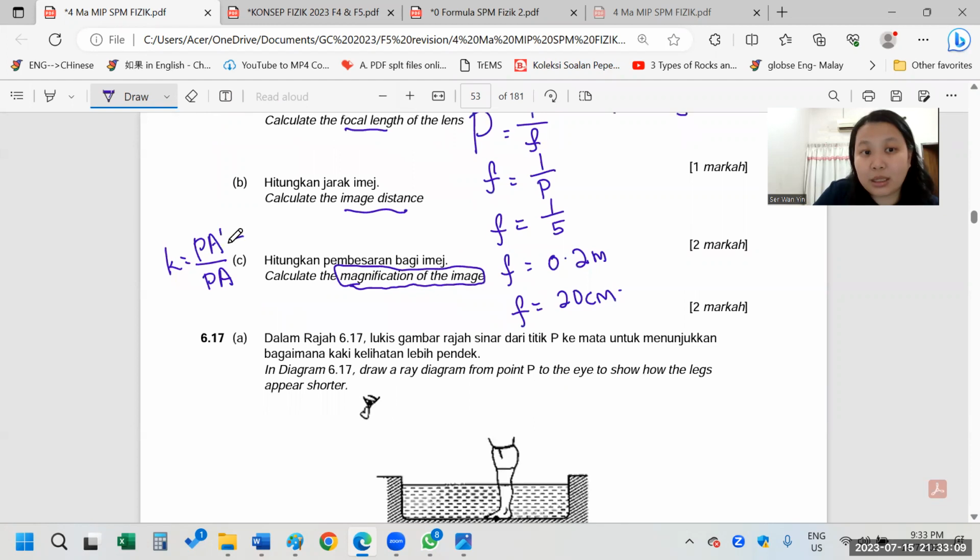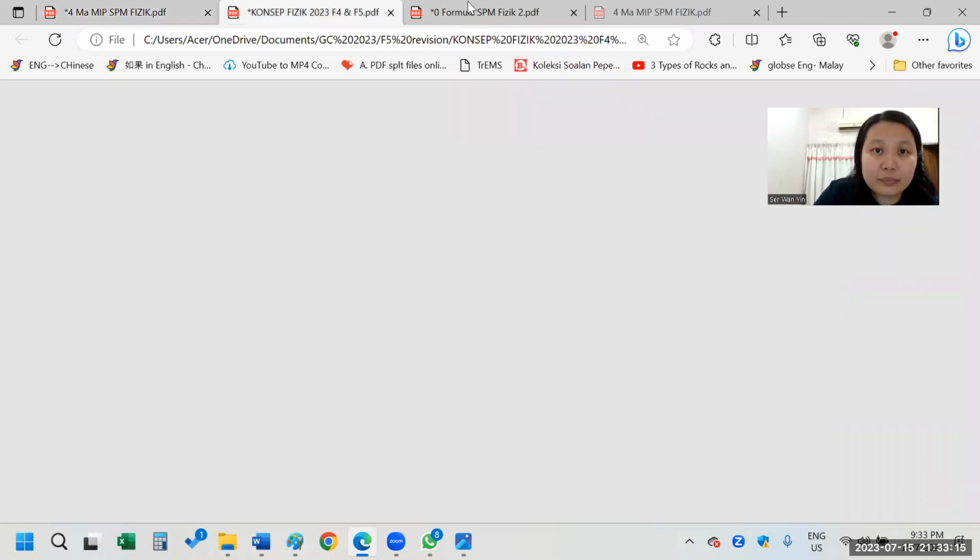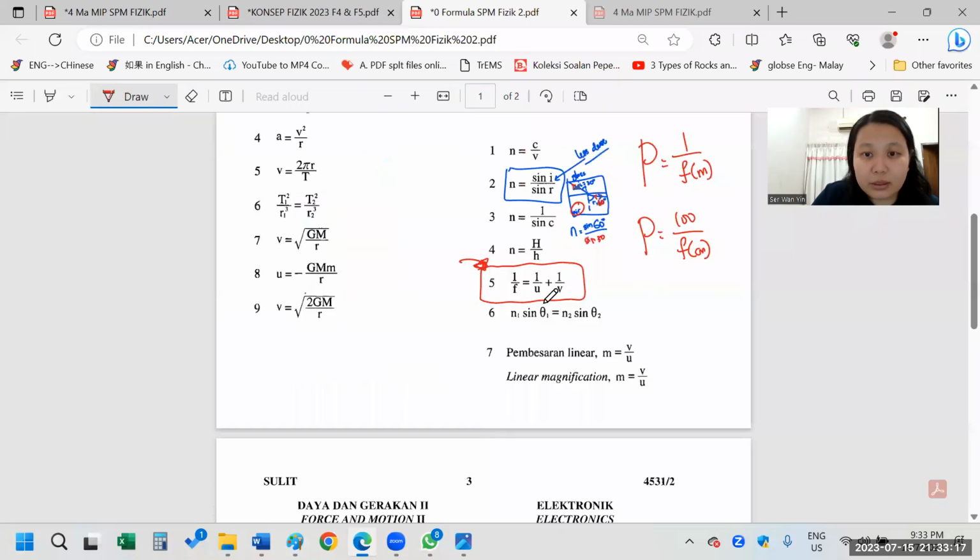Prime means image, then this is object. Okay, so the formula is given, one only. Actually got one more. M equals to height of image over height of object.